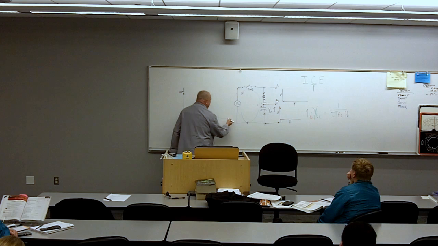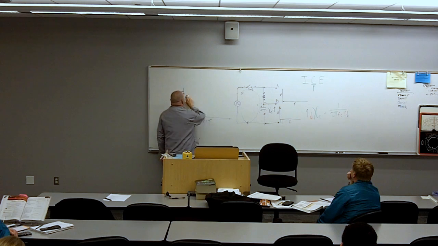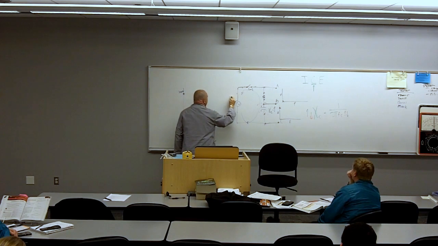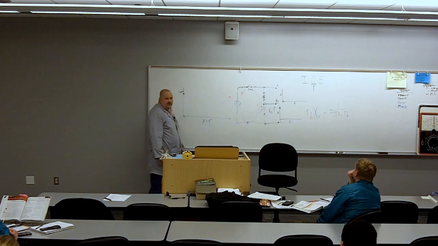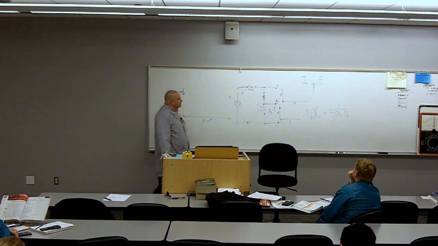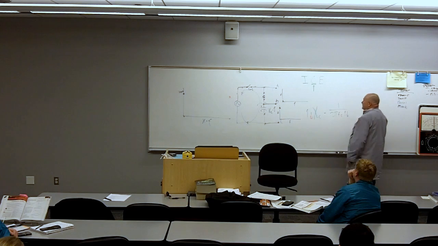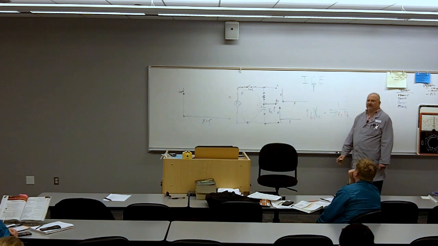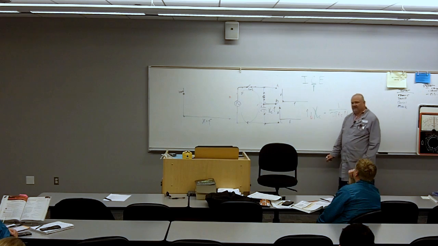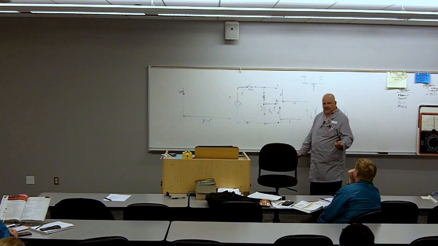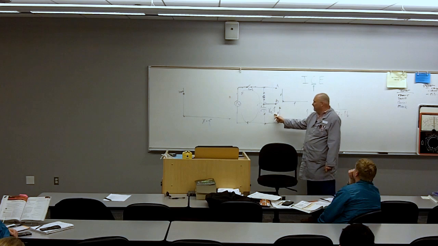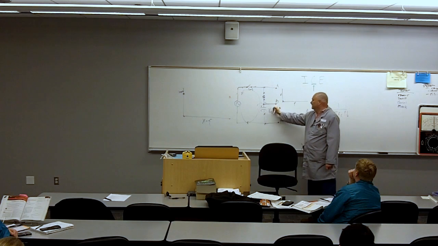If I put in a high frequency now, high frequency at that same amplitude, the value of capacitive reactance is going to be low. And if it's low, it's measured in ohms. So I'm going to have a low value of ohms right here.